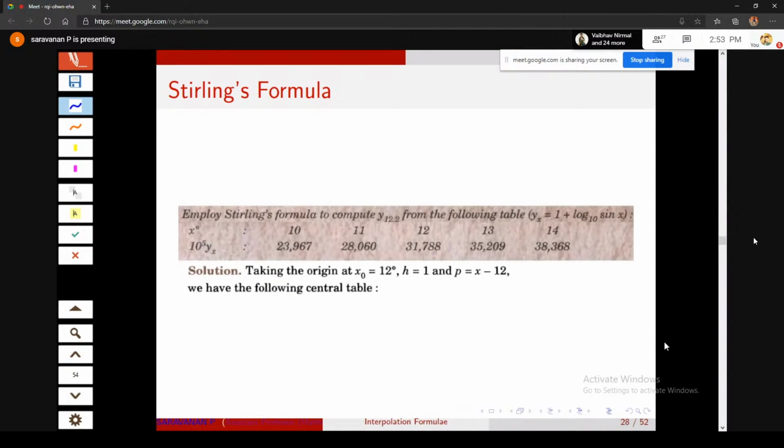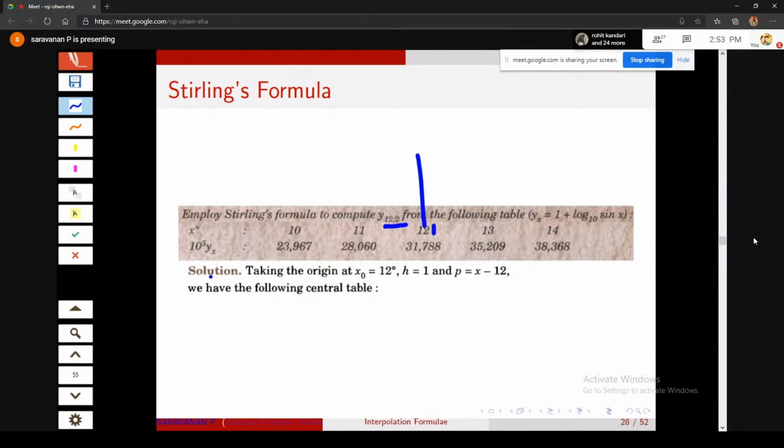The next problem: at 10, 11, 12, 13, 14, it is given. We have to compute at 12.2. 12.2 lies somewhere nearby 12, so it lies in the center. So you take this as x0. We will be using Stirling's formula.